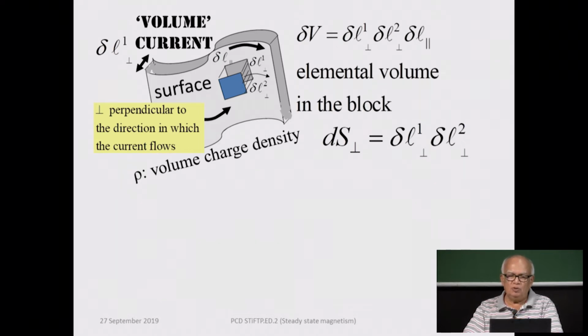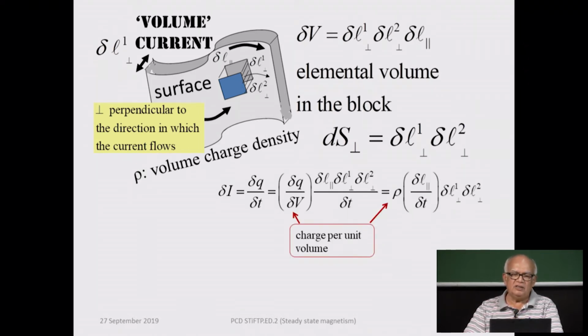So, those are the two tiny infinitesimal displacements, and the elemental current is delta q by delta t, which is delta q by delta v and delta v by delta t. So, delta v I write as a product of these 3 infinitesimal displacements, and now I can factor out delta L 1 and delta L 2, both of which are perpendicular, and one which is parallel. The one that is parallel will give you the speed of the charges.